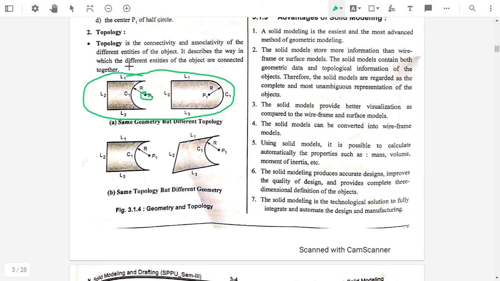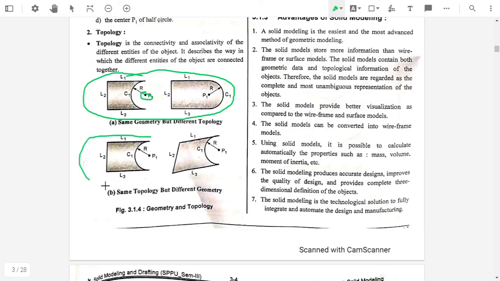But the orientation of the circle is different: in the first half the R is towards the left-hand side and in the second part the R is towards the right-hand side. The orientation of the circle C1 is different. That's why it is called a different topology. All the dimensions are the same, therefore we can say it is the same geometry but different topology.